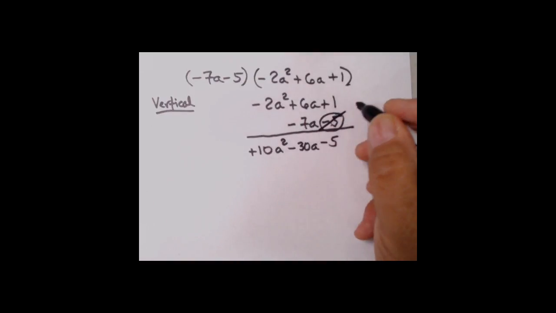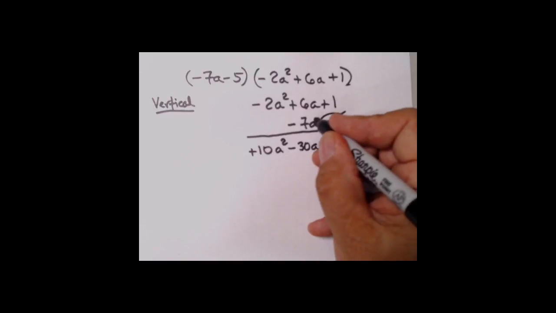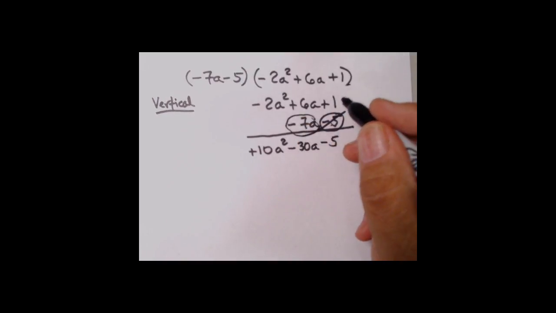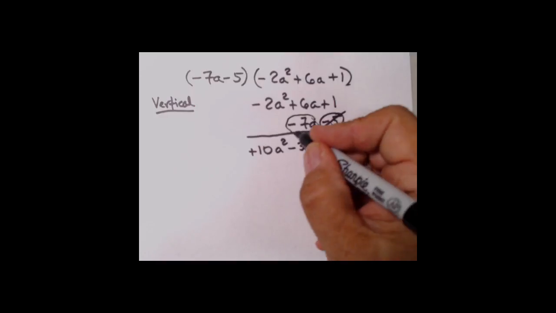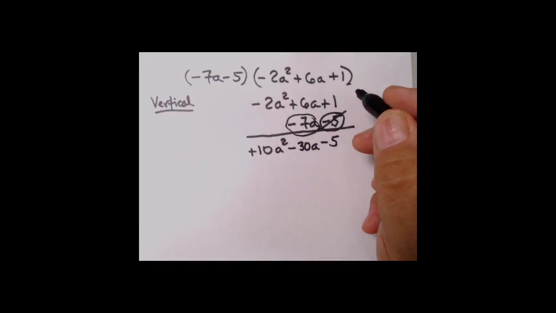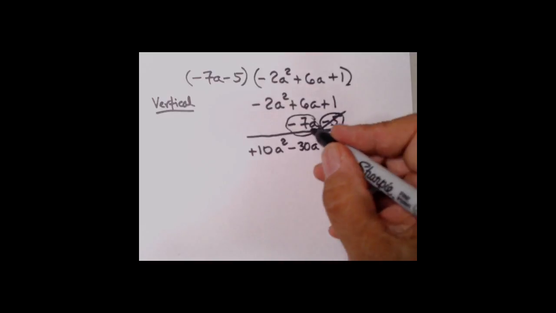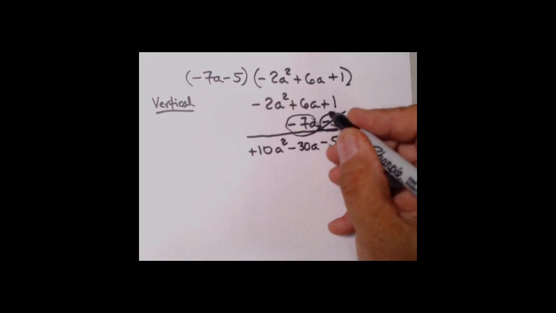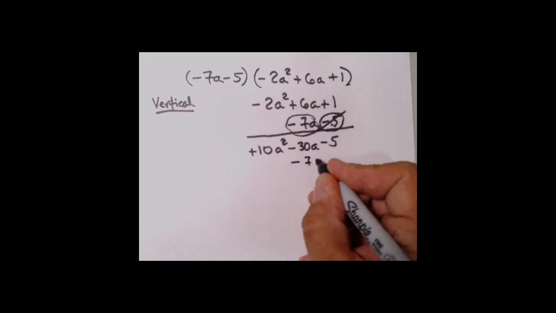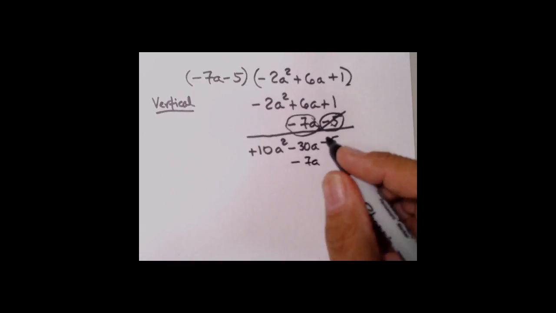Okay, we've multiplied by the negative 5. Now go over and multiply by the next guy, negative 7a. And again, hit each of the guys up above, but write it down underneath the like terms. Negative 7a times plus 1 is negative 7a, and here's my a column, so I'll write it right there.